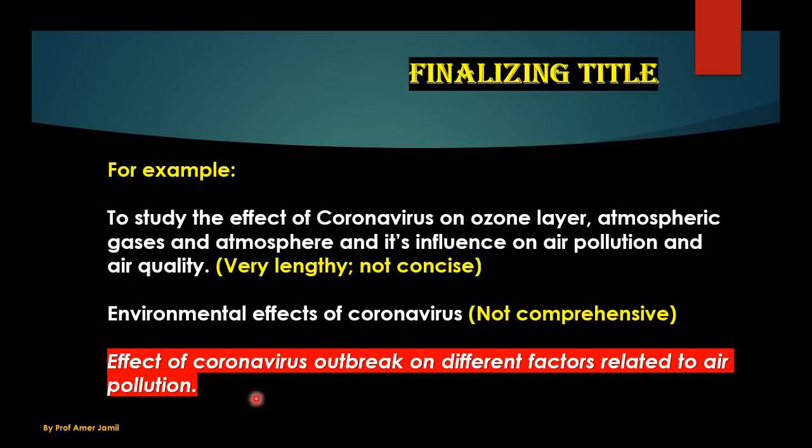So a better title may be effect of coronavirus outbreak on different factors related to air pollution. This is one option, but you can think, with reference to your research, which one is better. But these are the basic guidelines on how to finalize your title: it should be concise but comprehensive.